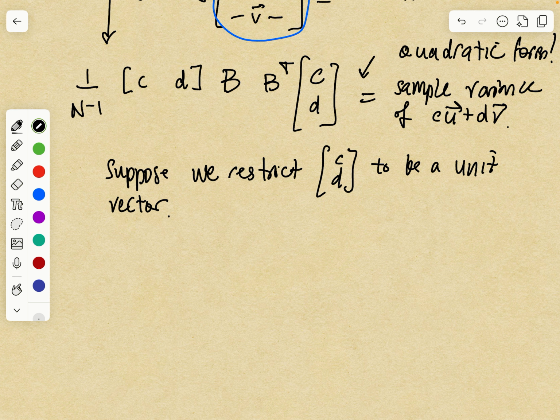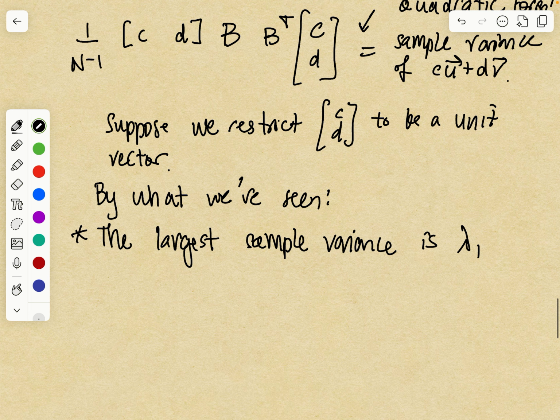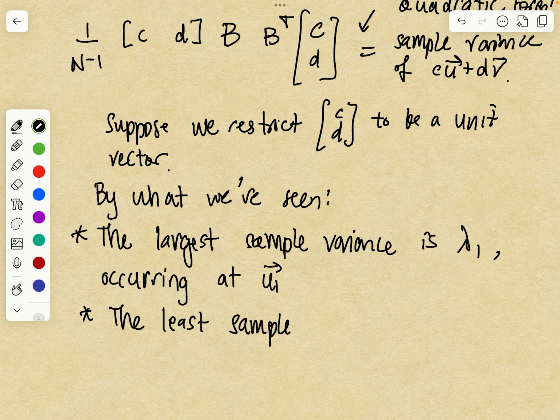And so if we restrict CD to be a unit vector, then by what we've seen, the largest sample variance is lambda 1, and this occurs at U1, and the least sample variance is lambda 2, occurring at U2.